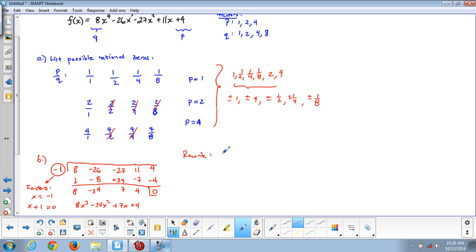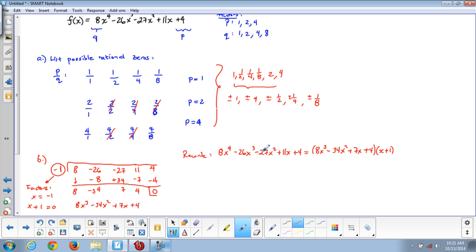So I'm rewriting our polynomial 8x to the 4th minus 26x cubed minus 27x squared plus 11x plus 4 equals to our answer, or quotient rather, 8x cubed minus 34x squared plus 7x plus 4 times our factor, x plus 1, should yield us this right here.